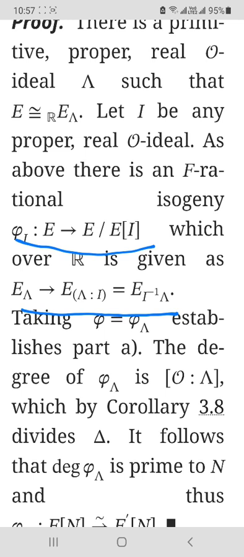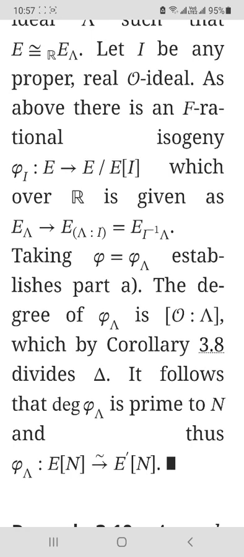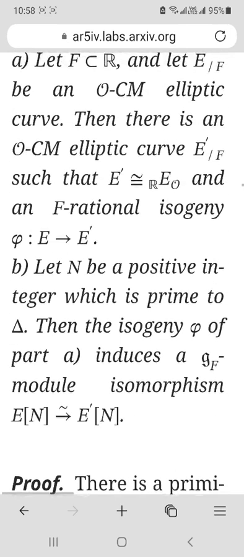It follows that the degree of φ_Λ is prime to n, and thus φ_Λ is a map from E[n] to E'[n], which is also an isomorphism.